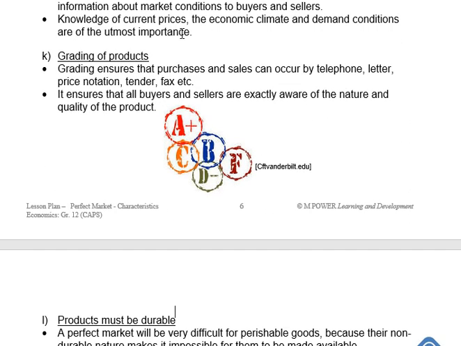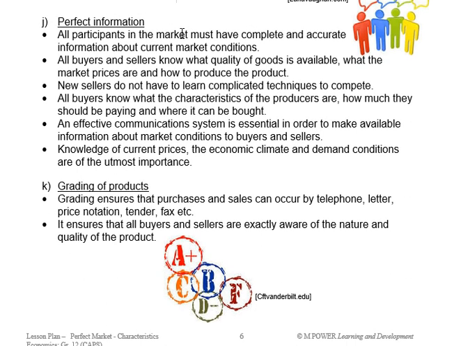Right, then also in the perfect market, I already said there's perfect information. This means that all participants in the market must have complete and accurate information about the current market conditions. So all buyers and all sellers will know exactly what the quality is of the goods that are available on the market.